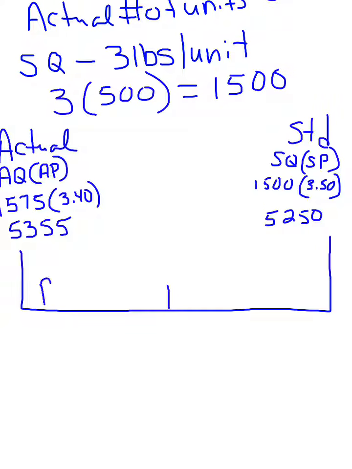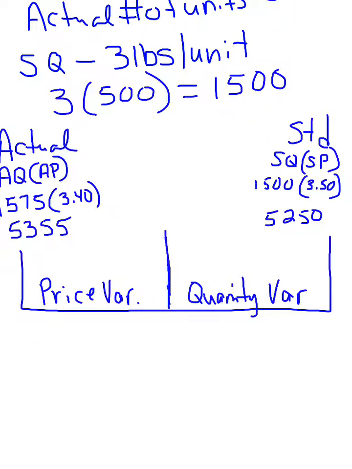On this side, we look at price variances. On the side over here, we look at, is it a quantity issue or a quantity variance? When we go from actual to this middle section, we're looking at a change in price. We would have the actual quantity, and we would change that price to our standard price.